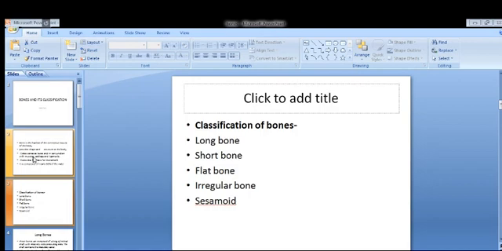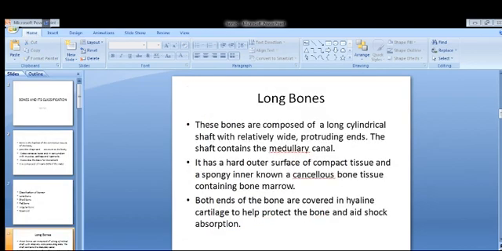Right? So when we talk of the long bones, these are the bones mainly giving the body its extremities. The movements which we are performing are basically at the level of the lower extremities and the upper extremities.